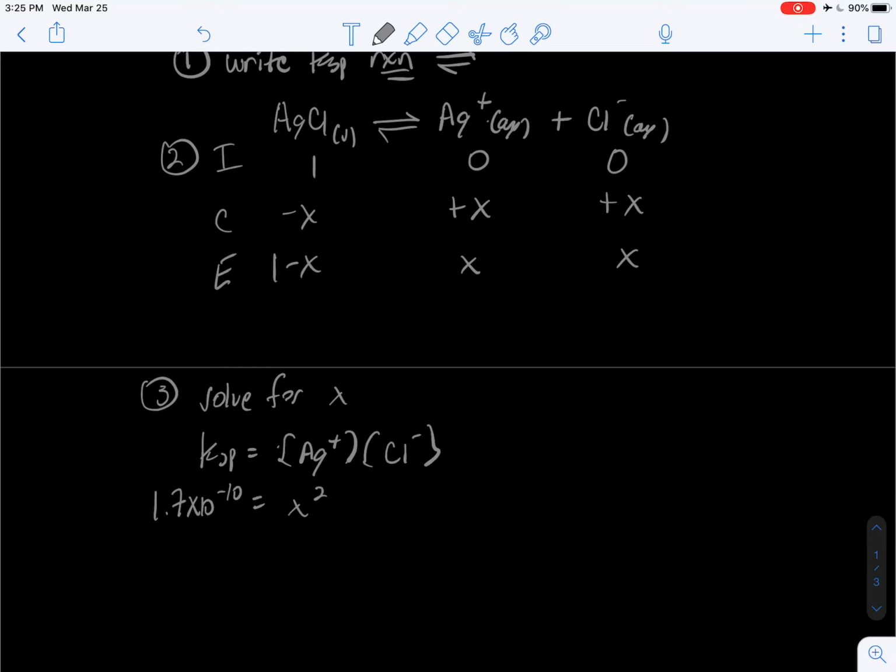And let's go ahead and do that on our calculator to get a number here for us to admire. In my calculator, there we go. 1.7 times 10 to the minus 10, take the square root of that guy. Trying to remember where my, oh yeah, there's my square root button. Okay, so 1.3 times 10 to the minus 5.